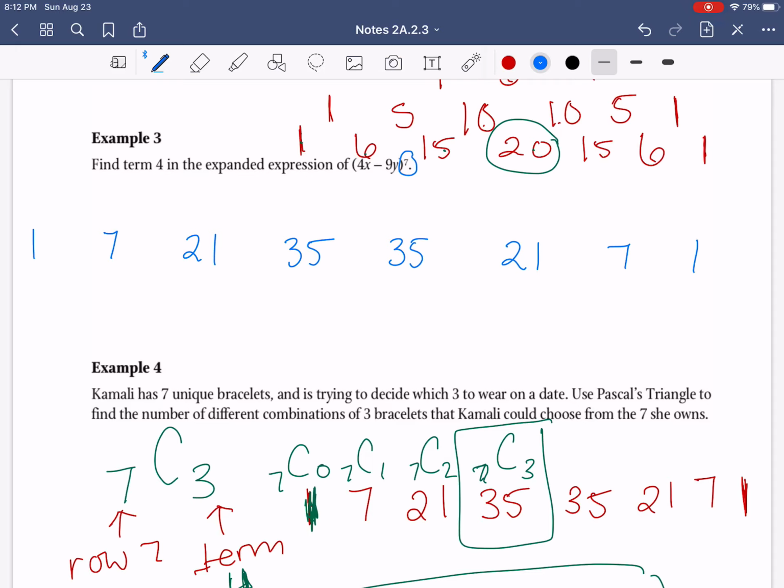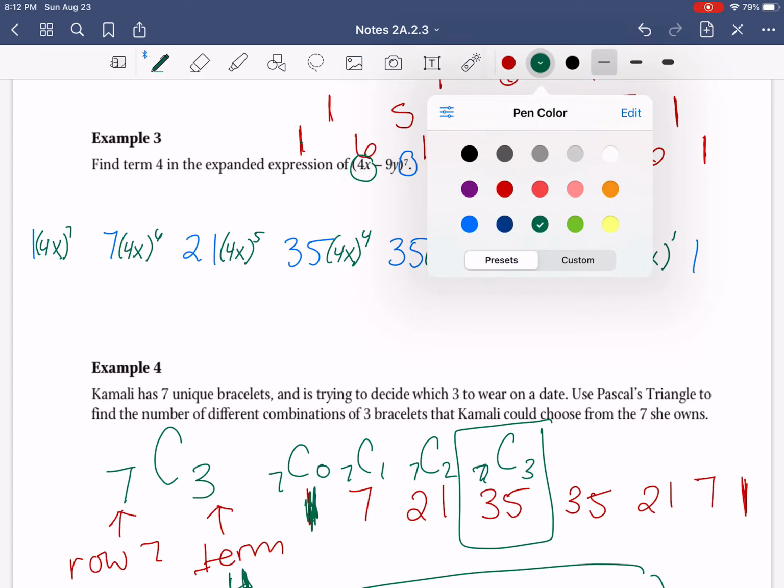Okay, then I'm going to take my 4x. Remember, it gets parentheses around it, so it'd be 4x to the power of 7, 4x to the power of 6, 4x to the power of 5, 4x to the power of 4, 4x to the power of 3, 4x to the power of 2, 4x to the power of 1, and then the last one doesn't get any.